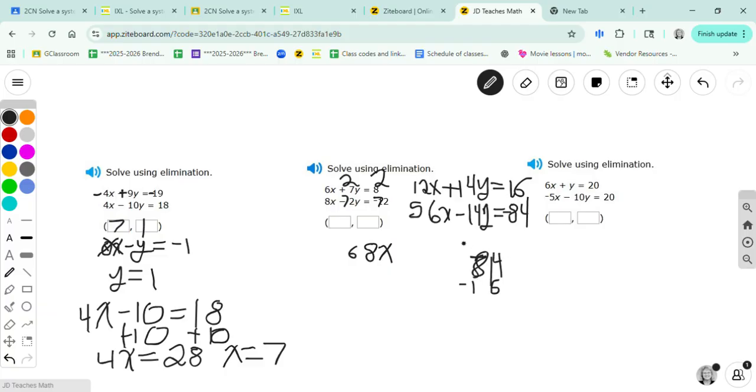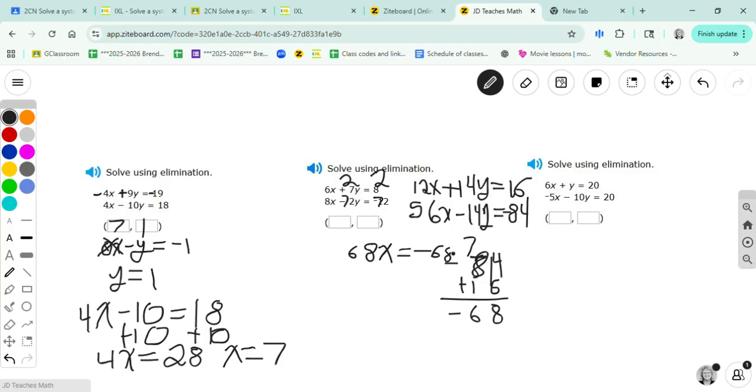This 8 becomes a 7. 14 minus 6 is 8. 7 minus 1 is 6. And I add a negative here because these were actually like that. So 68x equals negative 68.